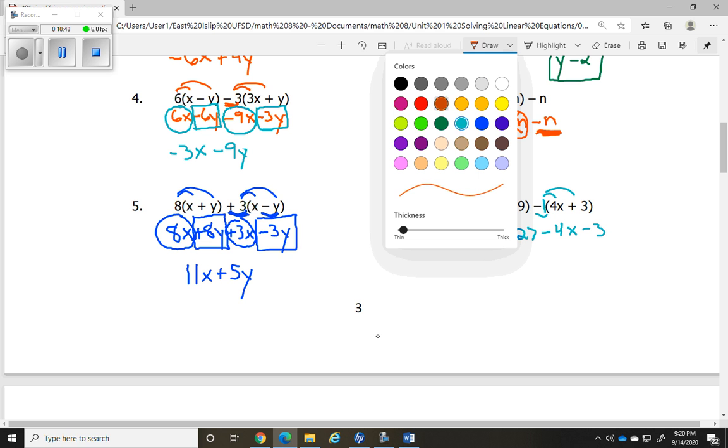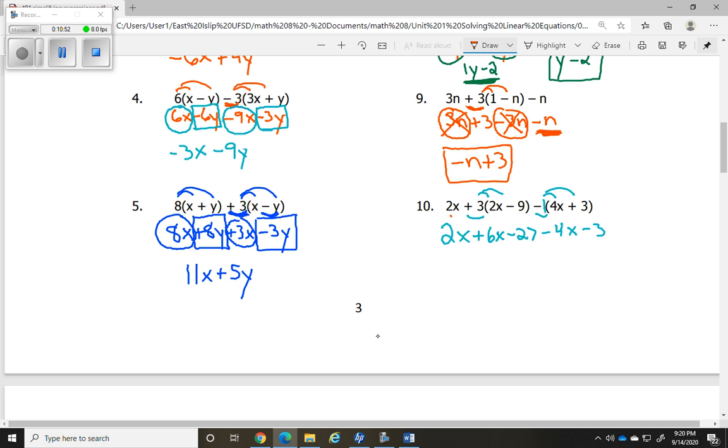Then I'm going to combine like terms. 2x combines with 6x and combines with minus 4x. So if you go from left to right, 2x and 6x make 8x. And then this 8x combines with that minus 4x to give me a final answer of 4x.